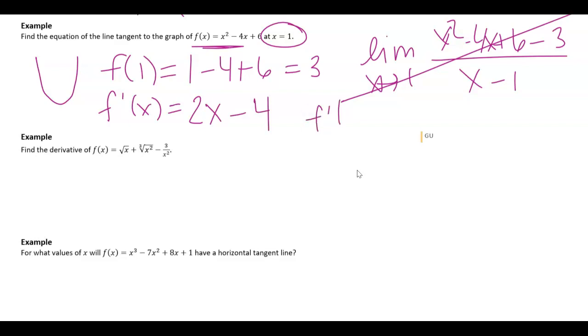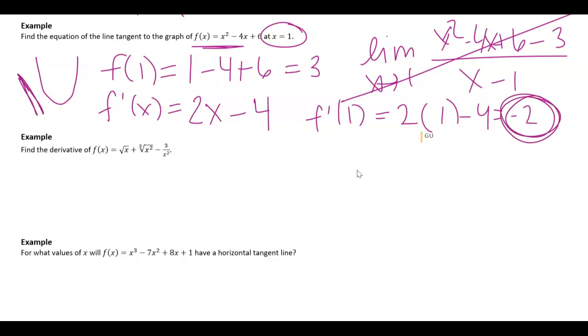And so f prime at 1 would be 2 times 1 minus 4, or negative 2. So since that's a negative slope of a tangent line, I know that the vertex of that parabola must be bigger than x equals 1. All right, so that line is going to be negative 2 for the slope, times x minus 1, plus 3.